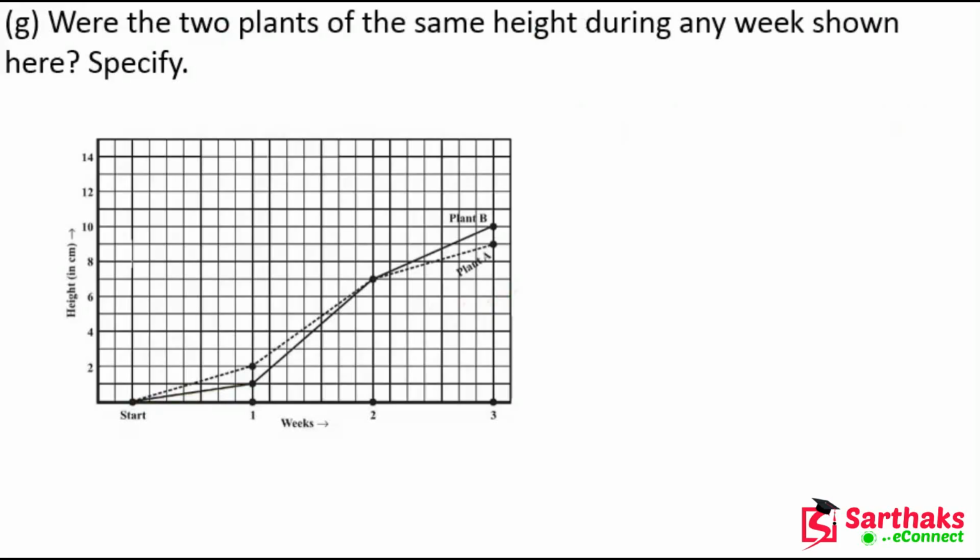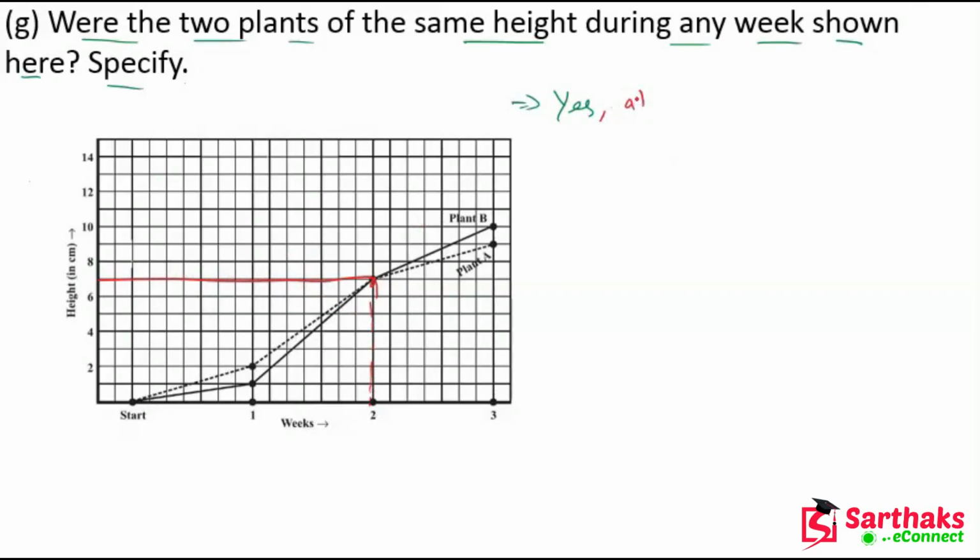Yes, now the next one, you can see: were the two plants of the same height during any week shown here? Specify. So this is very easy, we can write yes. At the end of the second week the height of plant A and plant B is the same, which is 7 centimeters.